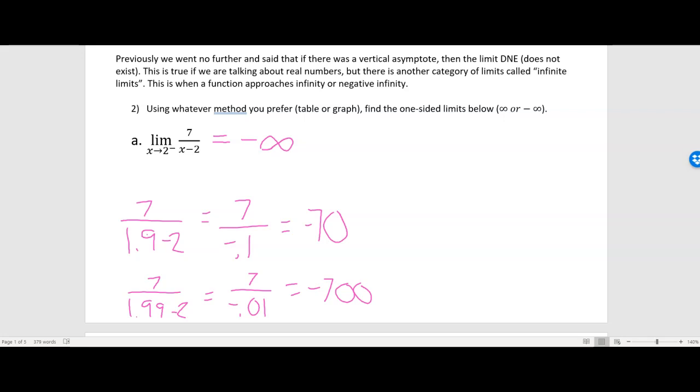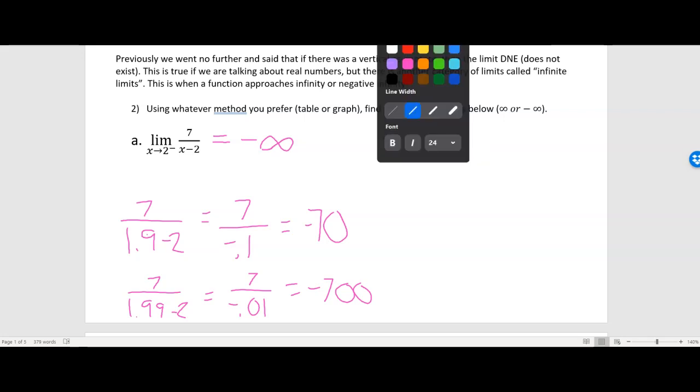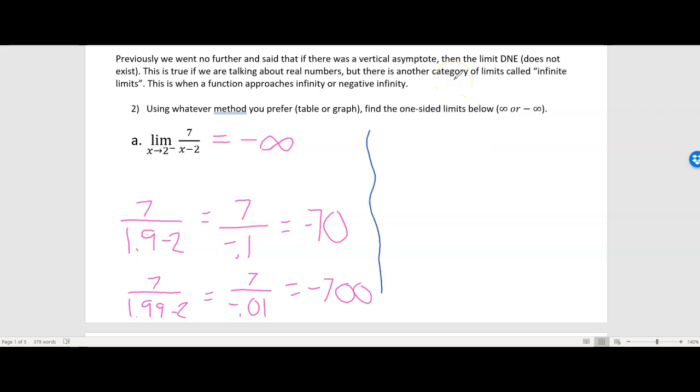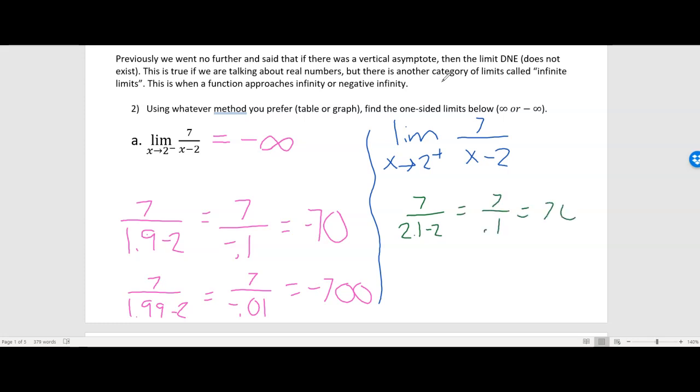And you could think about it if we did, I'll just do the work up here for part B, if I had the limit as x approaches 2 from the positive side, well, if I do 7 divided by 2.1 minus 2, that's going to give me 7 divided by 0.1, which gives me 70.